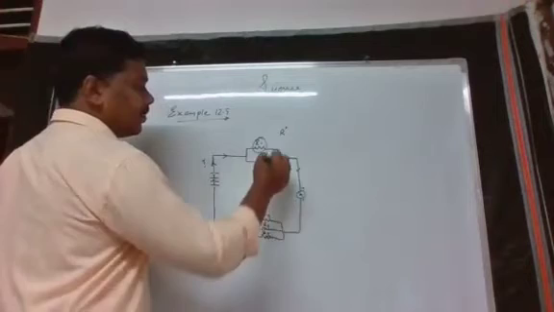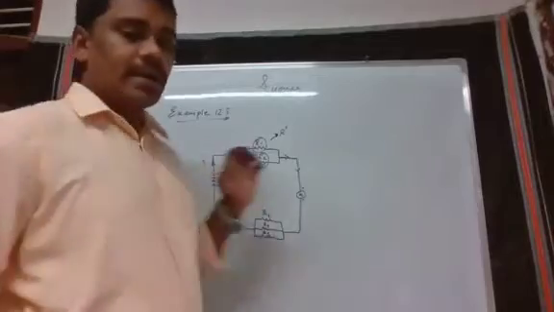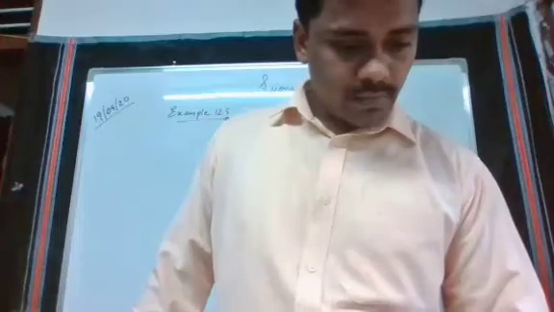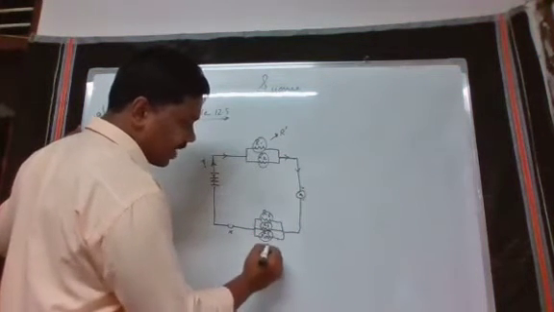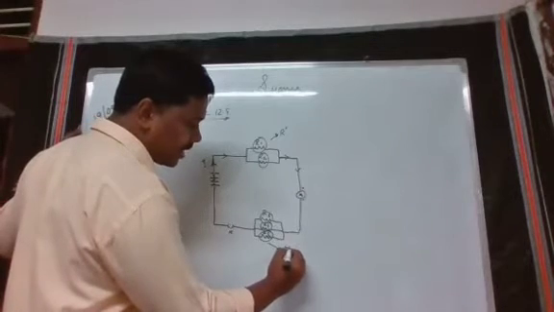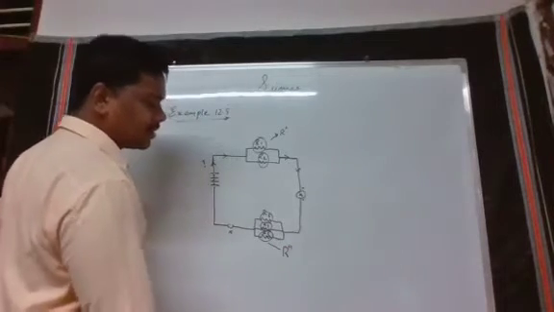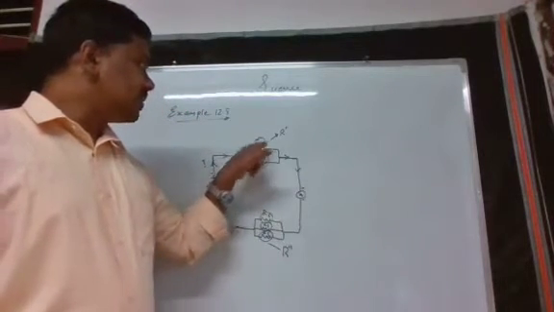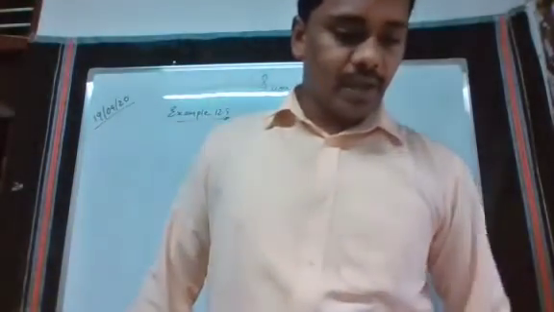And we will also replace R3, R4 and R5 by an equivalent resistor called R double dash. Okay, we are replacing the first one with R dash and the second one with R double dash, or R1 and R2.